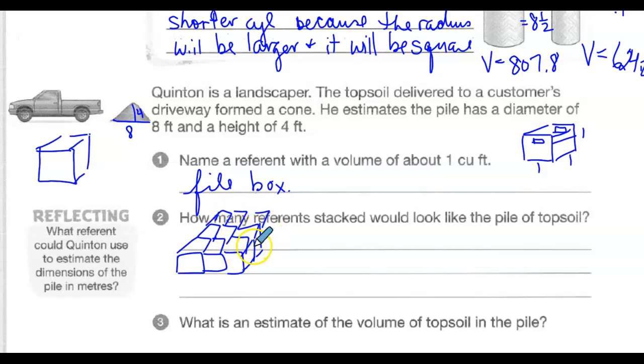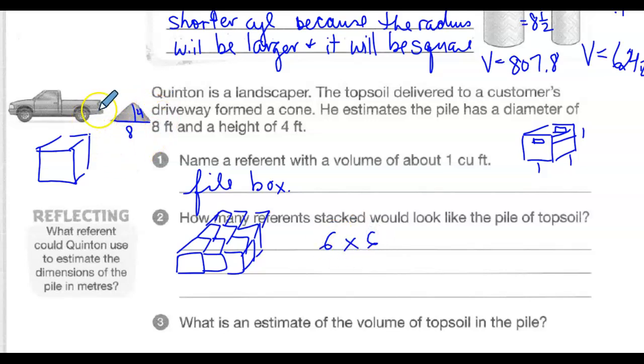Something like that. Now that's a rectangle, so we'd have to do 3 by 3, and then on top we could start. So 3 by 3 is 9. Maybe we need bigger than that though, because this is 8 as a diameter. This is only 3. So let's start with something like 8 by 8.